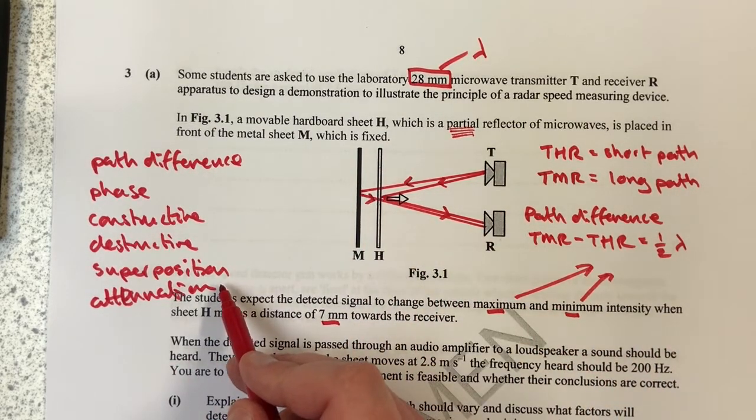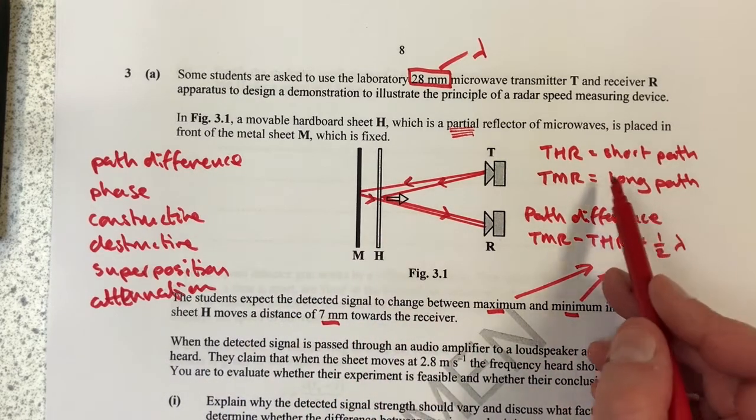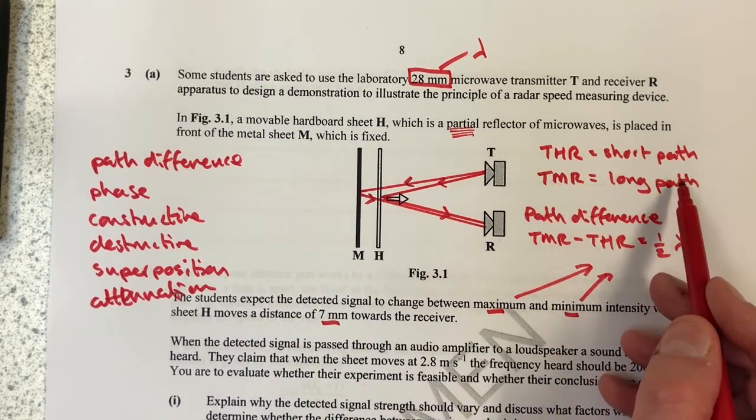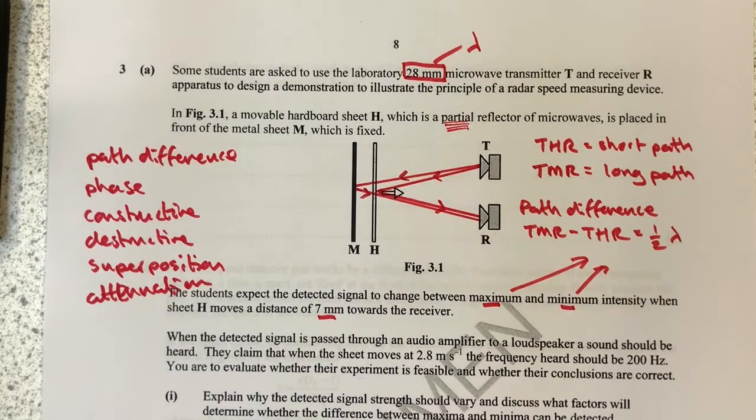So there's definitely going to be a significant amount of attenuation in the long path compared to the short path. Okay.